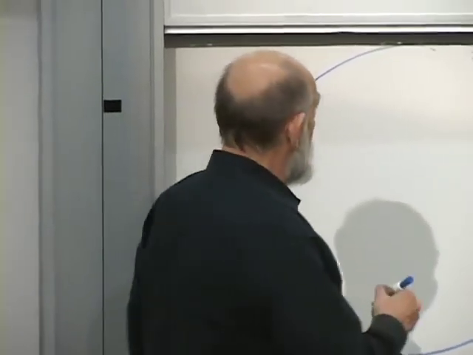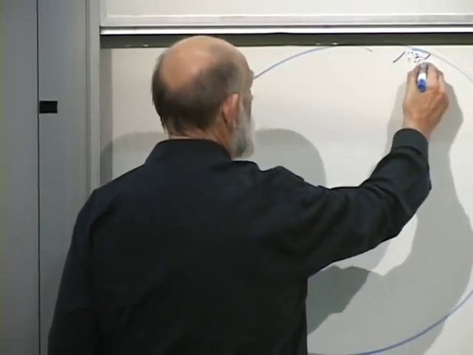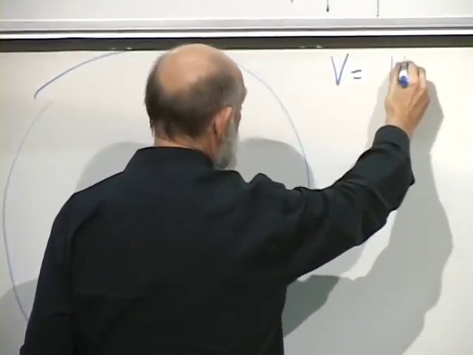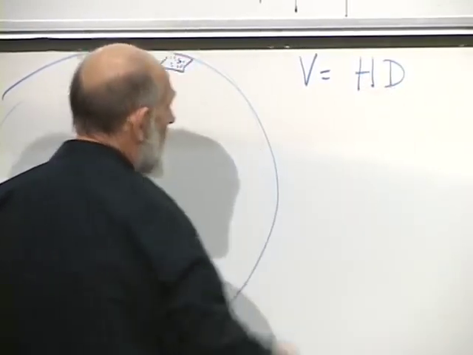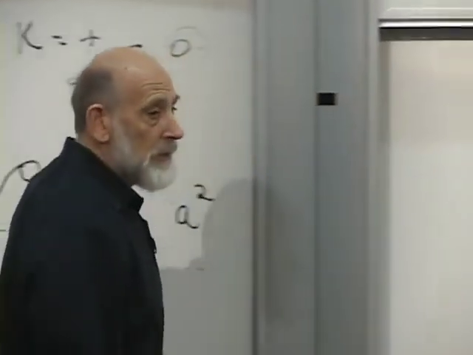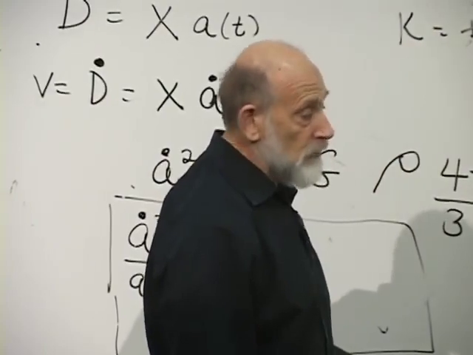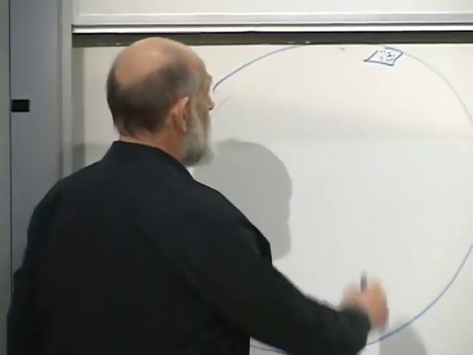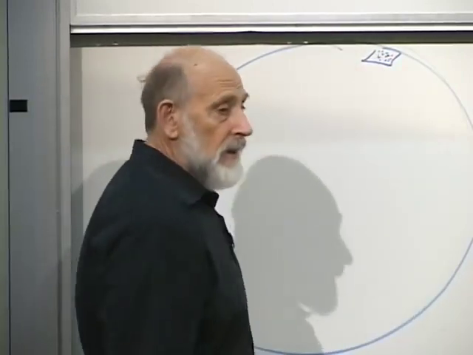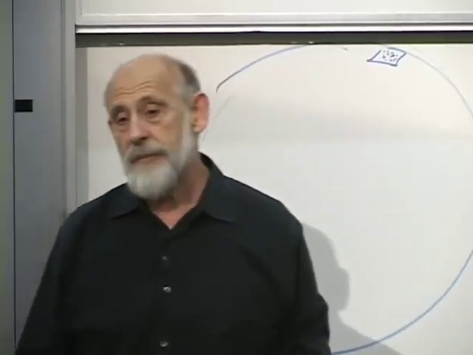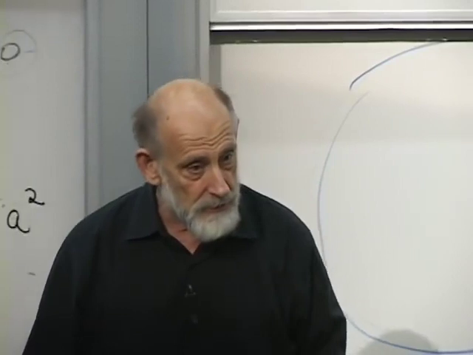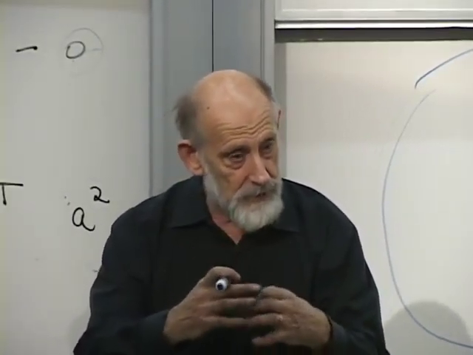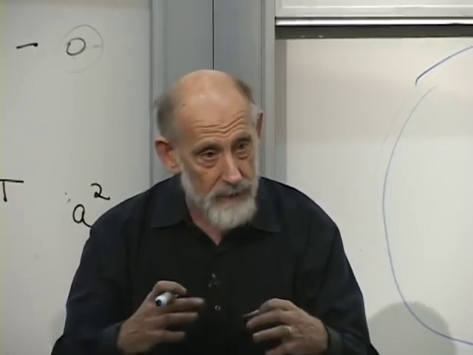Now, as long as I study a small enough region and use the Hubble law, that velocity is Hubble times distance, as long as the distance is not so large that the velocity gets up near the speed of light, then the equations that we've written down are correct. The equations we wrote down gave us an answer, and you can think of that answer as how the scale factor evolves with time.